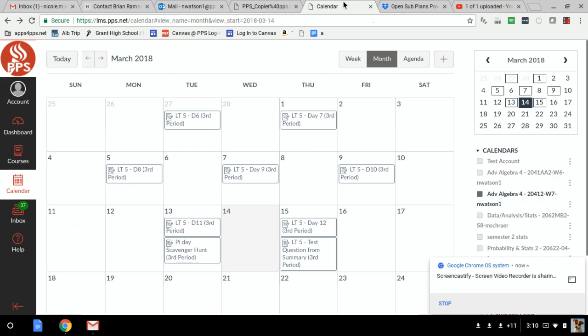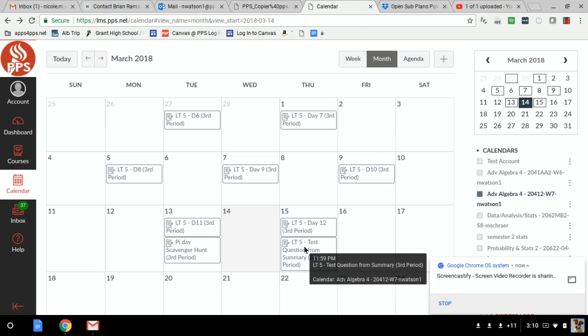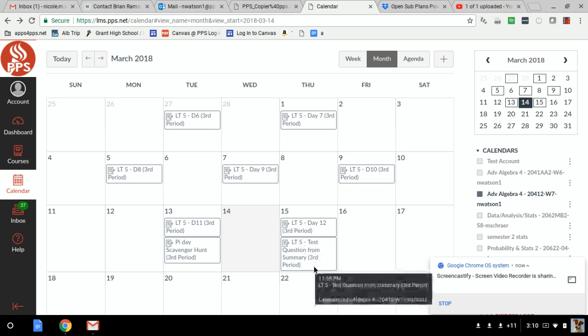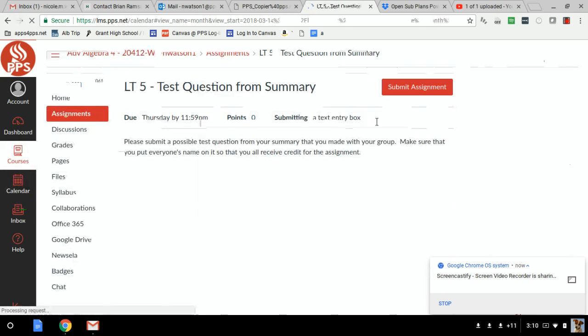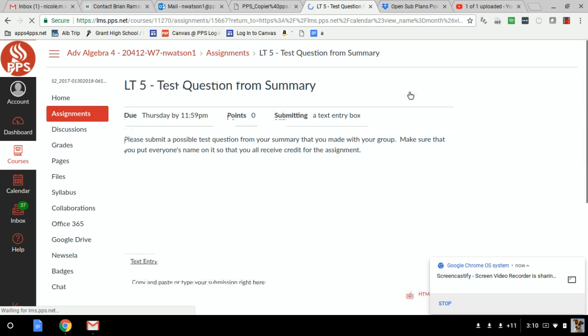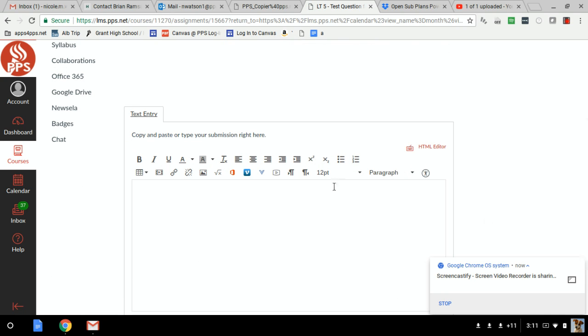Then what you're going to do to submit it, you're going to go to Canvas. You can do this all on your phone. And you're going to click on the days list. I think you look at your tasks, or you can go to the calendar and you'll see a test question. So you'll click on what it is, and then it will say submit assignment. So you're going to submit everything right in that box.